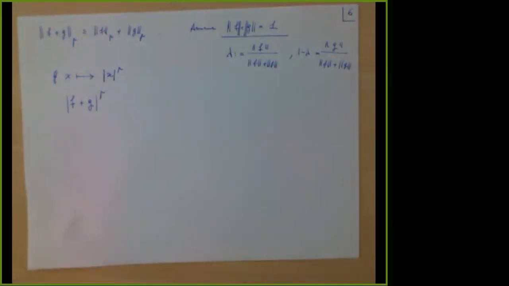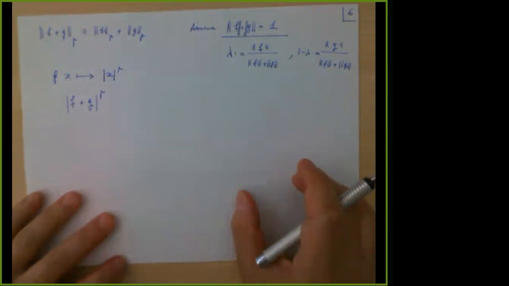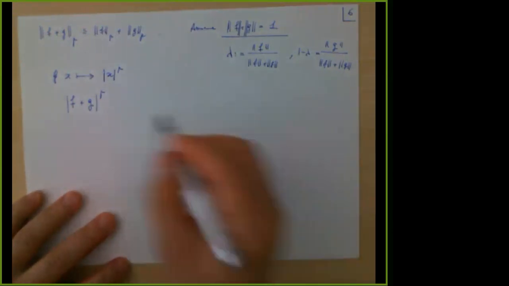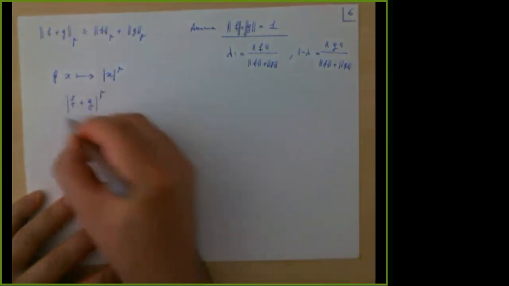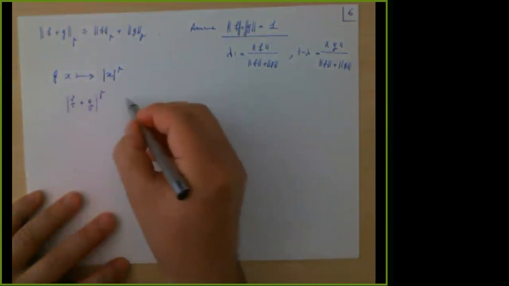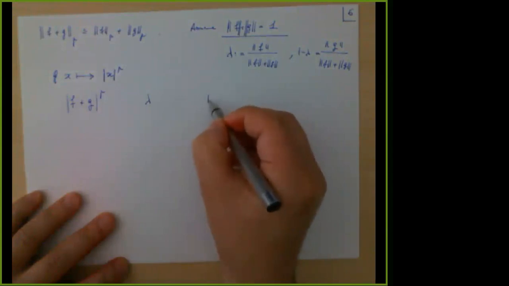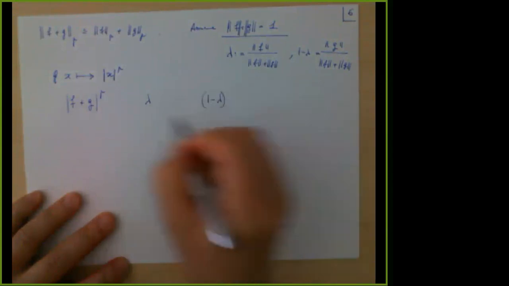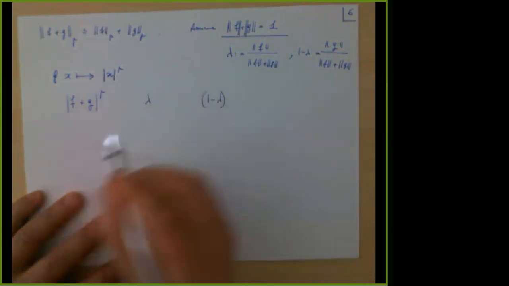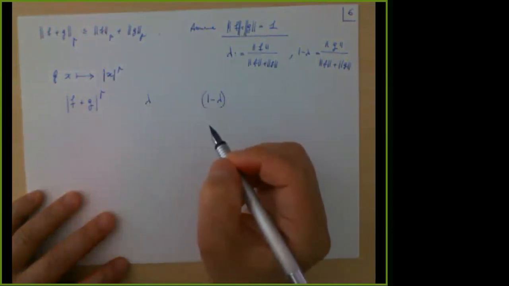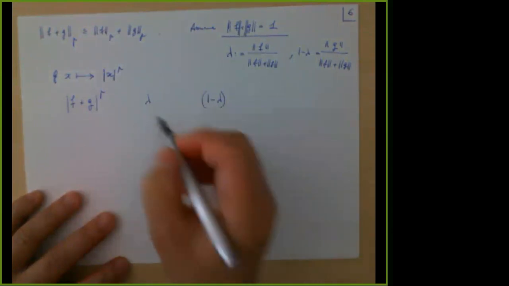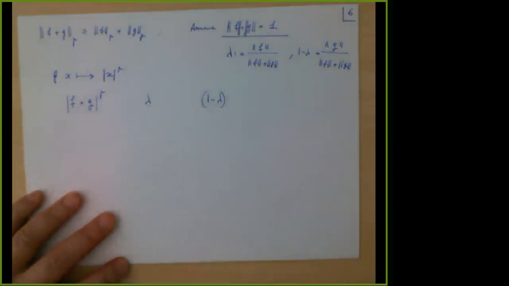So let's see what an idea would be. An idea would be to try to pass from this expression to something involving lambda and 1 minus lambda, a combination of something. Of course, if we do f and g here, this is not really meaningful.